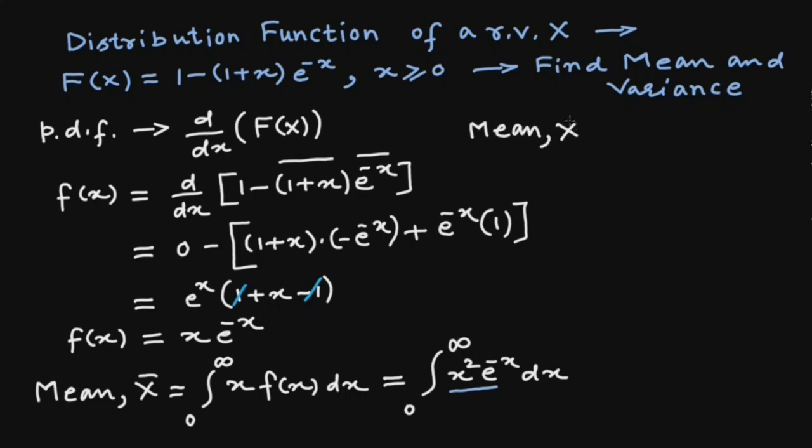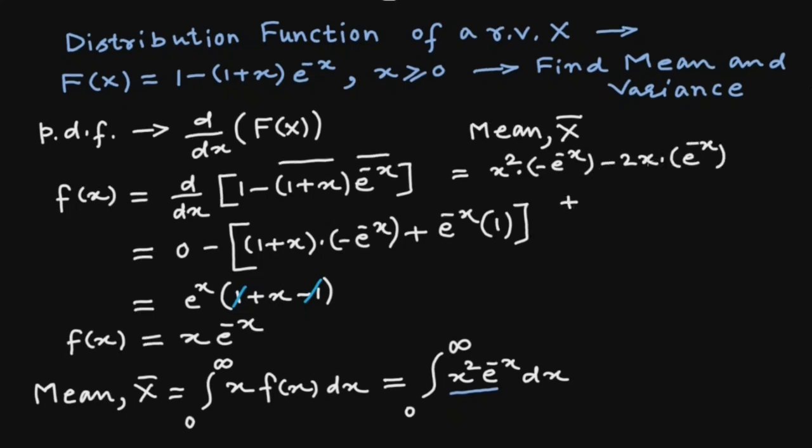So the mean x bar will be, by continued integration, x square into the integration of e raised to minus x, which is minus e raised to minus x, minus the derivative of x square, 2x, into the integration of minus e raised to minus x, which is e raised to minus x, plus the derivative of 2x, which is 2, into the integration of e raised to minus x, which is minus e raised to minus x, from 0 to infinity.